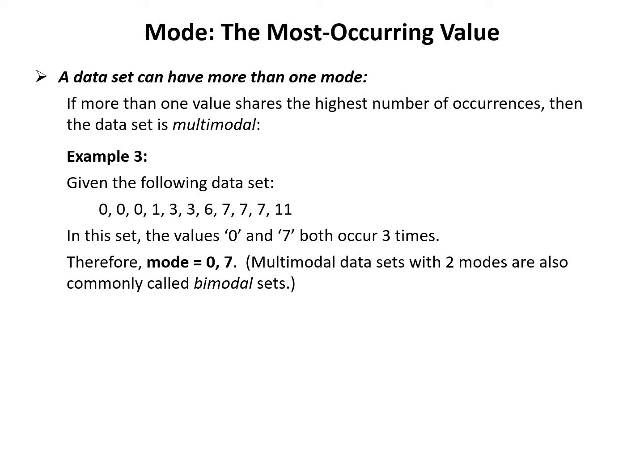So we can see upon inspection that in this set the values 0 and 7 both occur the most number of times, which is 3 times. Therefore, the mode equals 0 and 7, which we can write as 0, 7. Note that multimodal data sets with 2 modes are also commonly referred to as bimodal sets.